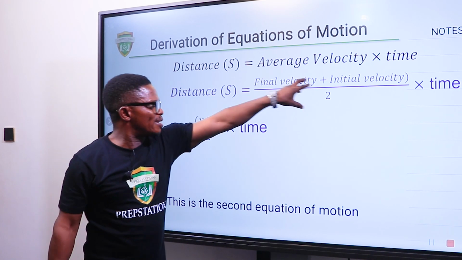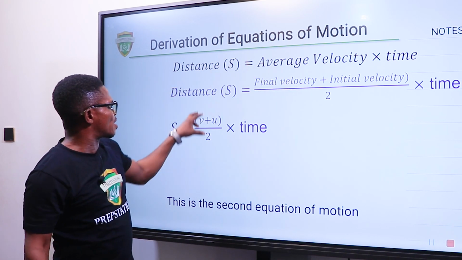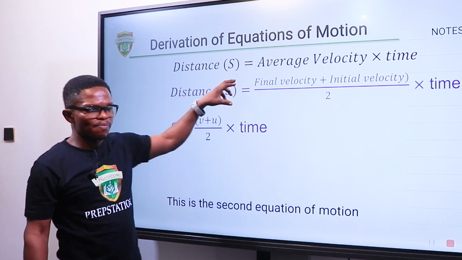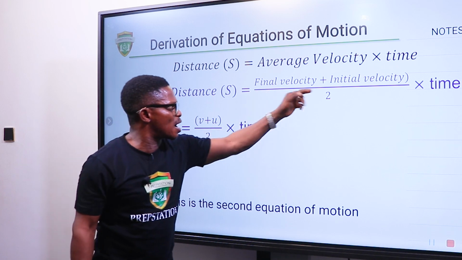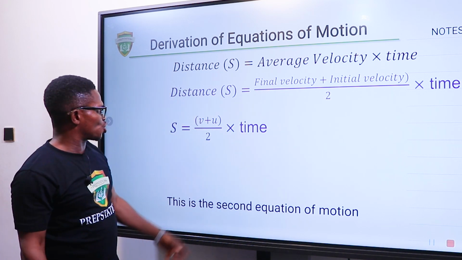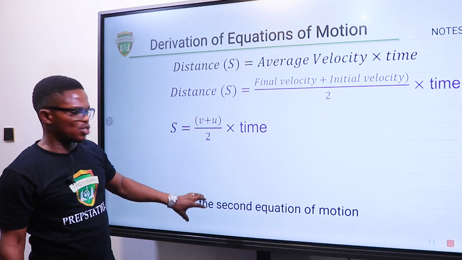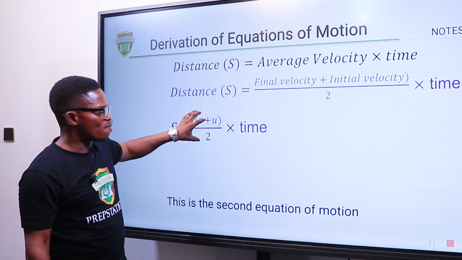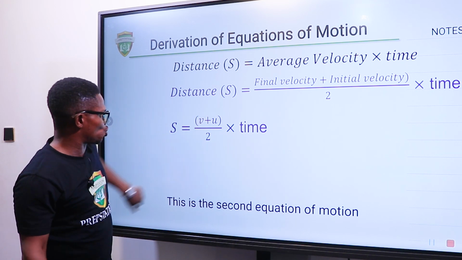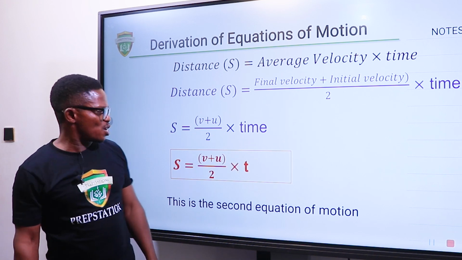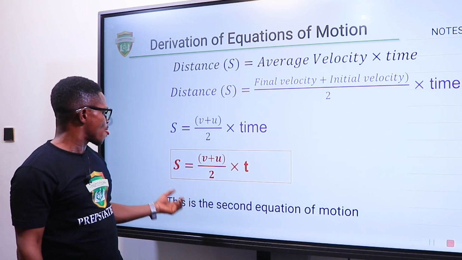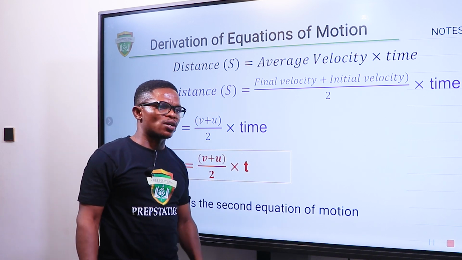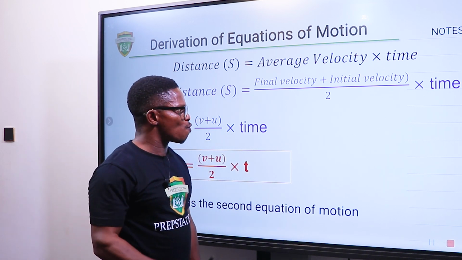Mathematically, S represents distance, and it equals (V plus U) divided by 2, where V is for final and U is for initial. Why are we dividing by 2? Because this is an average value. Then times time. So if you make S the subject of the formula from this simple expression, you will get what is called the second equation of motion.